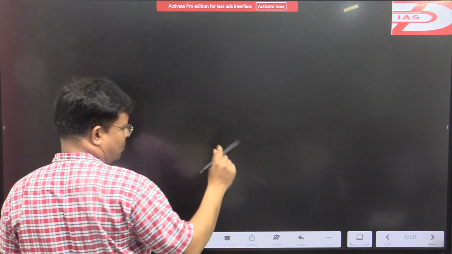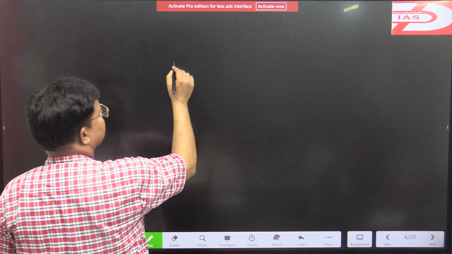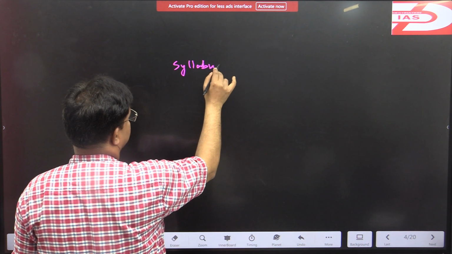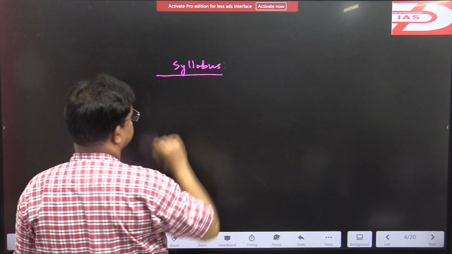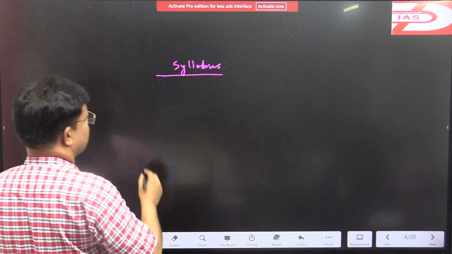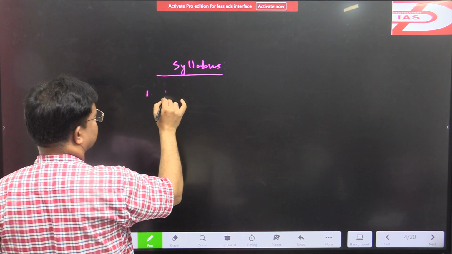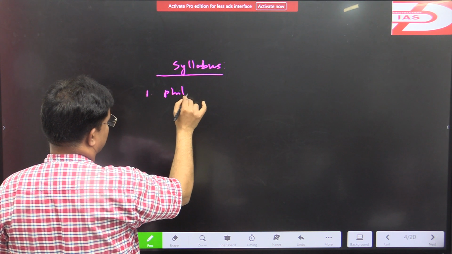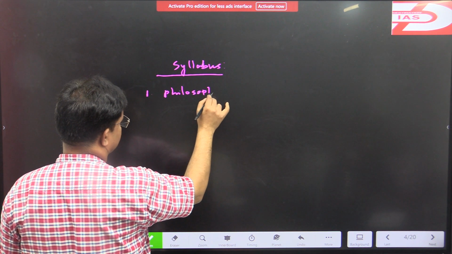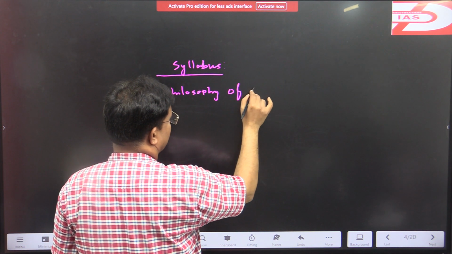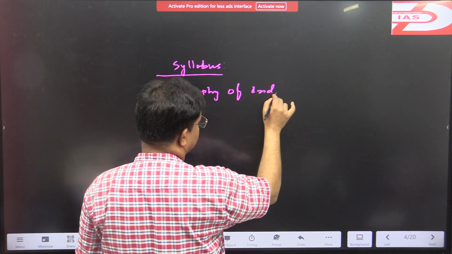Now, the next aspect is the syllabus, where you should give emphasis. Syllabus, topic number 1, philosophy of Indian Constitution.